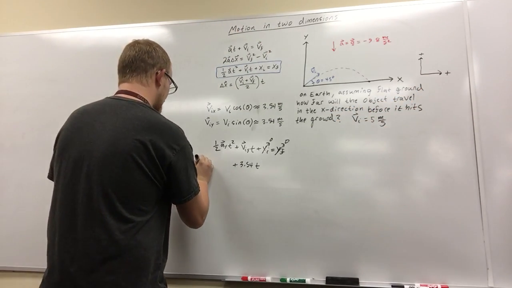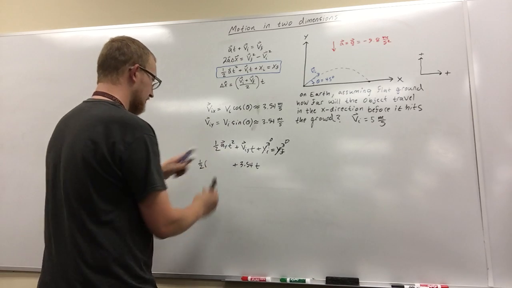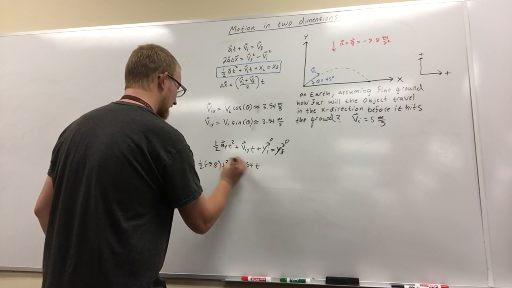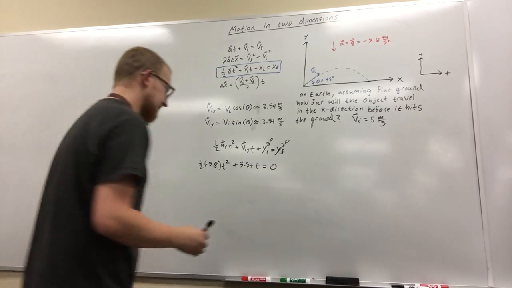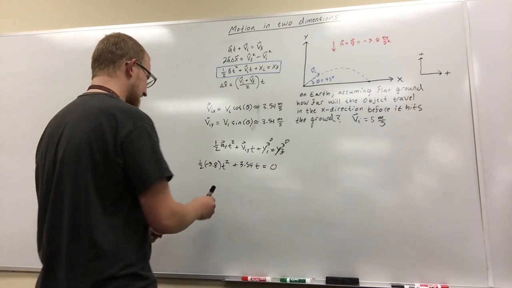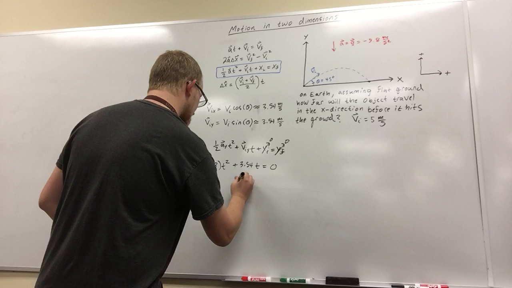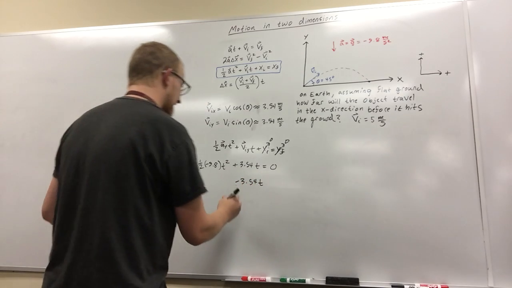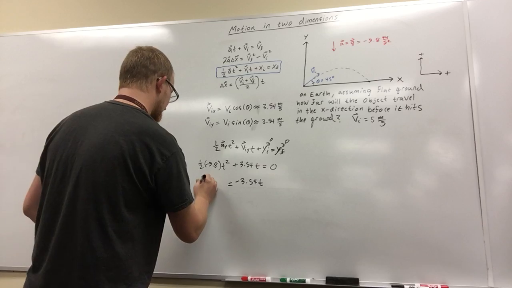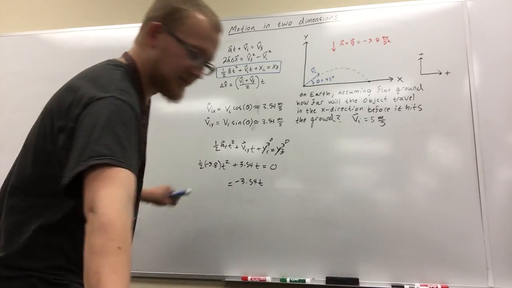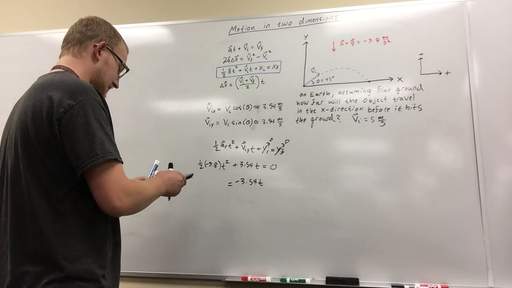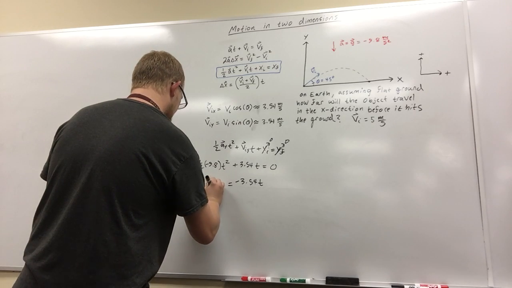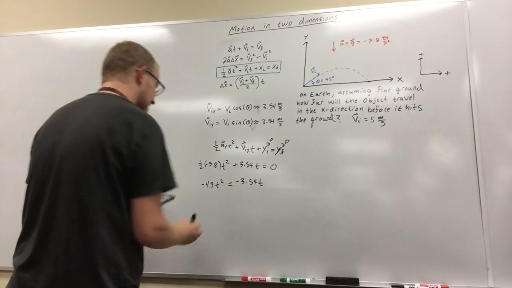So we have 1/2 times acceleration in the y, which is negative 9.8, times t squared, plus 3.54t, all of that equal to 0. So we can subtract 3.54t onto this side, and over here we still have 9.8 divided by 2 with a negative sign in front of it, so that's negative 4.9t squared.